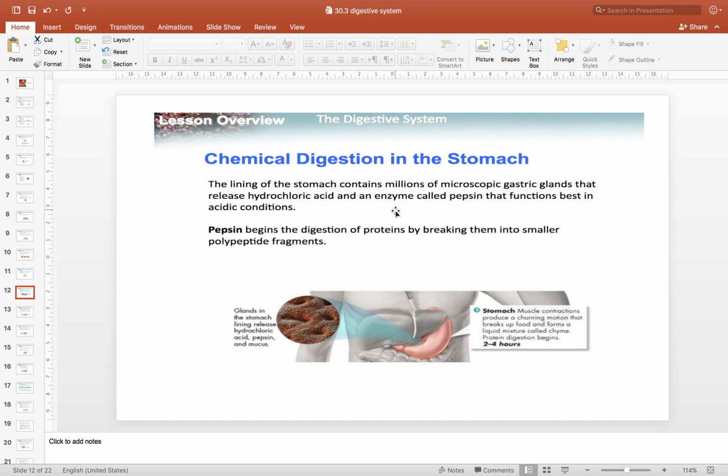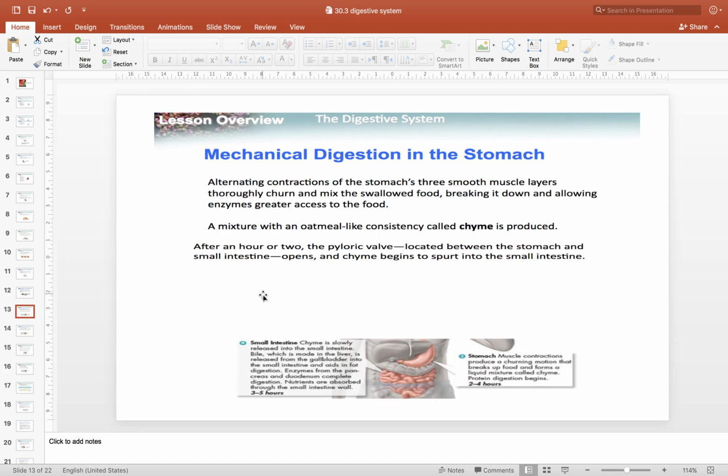So where starch is broken down in the mouth and formed into sugar, proteins take a longer time to break down, and it starts to work in the stomach. Also in the stomach, the acid will kill any bacteria or microorganism that enters.